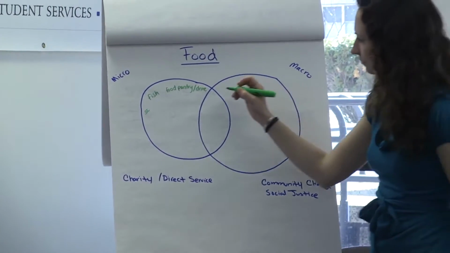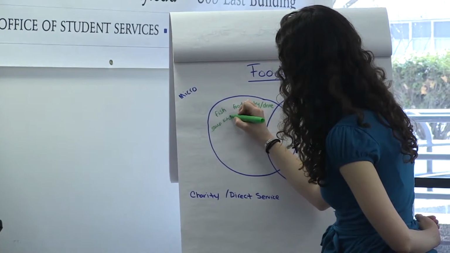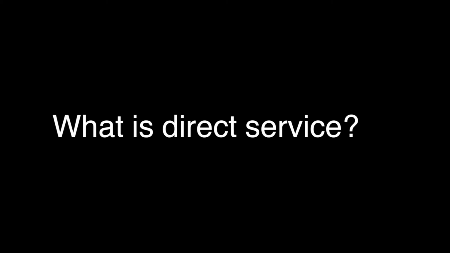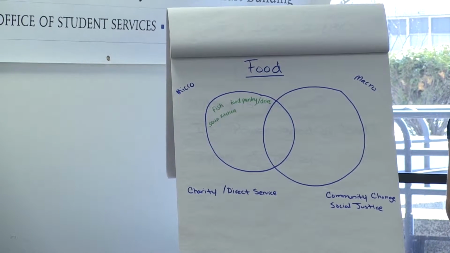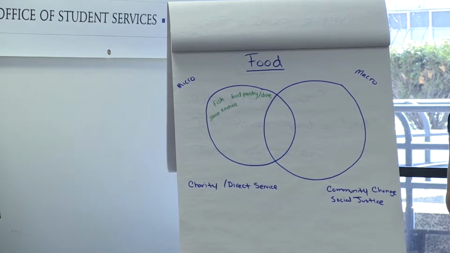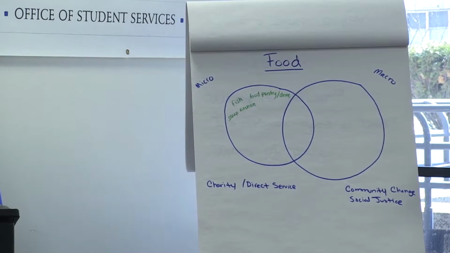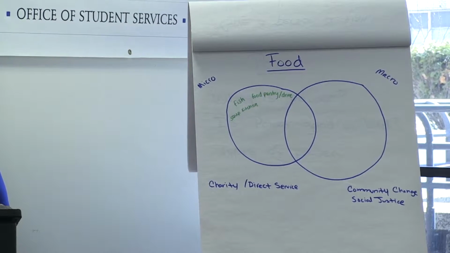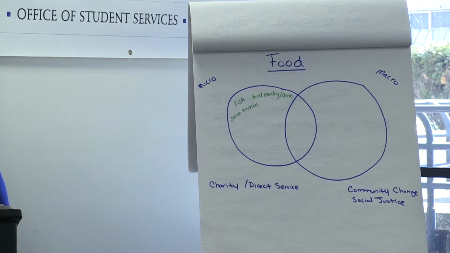Actually, let's take a step back and define each one of these. Charity is giving someone something, right? What would be the difference between charity and direct service? It's giving them money and food so they can eat it or spend it themselves. Let's expand on that. If it's direct service, who is giving? Food pantry, it depends on the way it's organized.